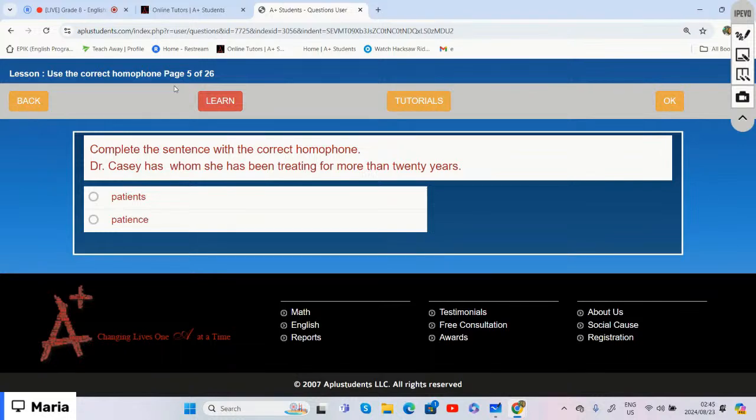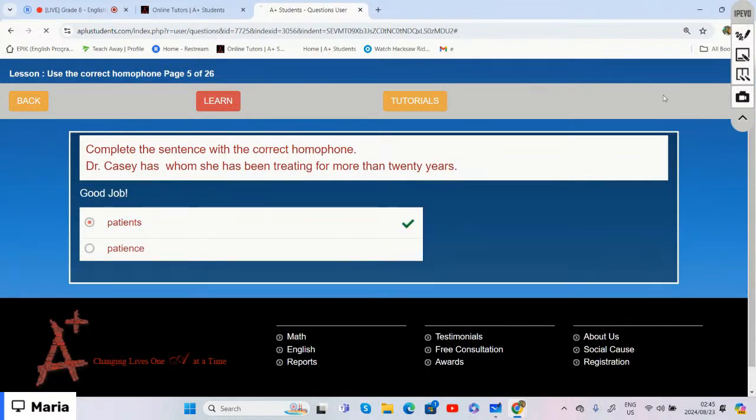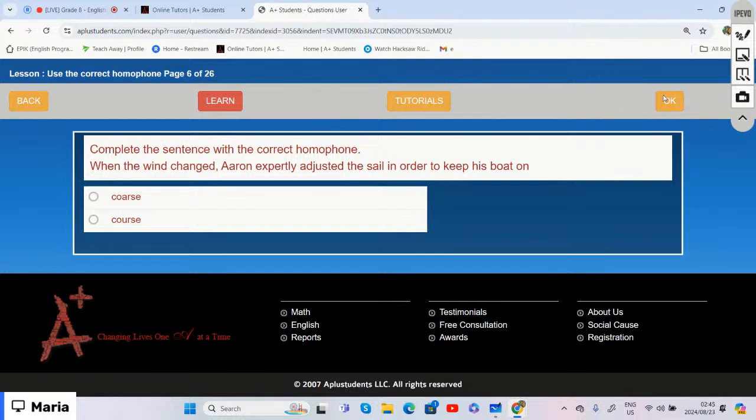If we look at that word, the first word is to do with patience. The second one is to do with your presence, like you physically being there. So patients. And as you've noticed now, we have three words that sound alike. I was not thinking of the word presence.